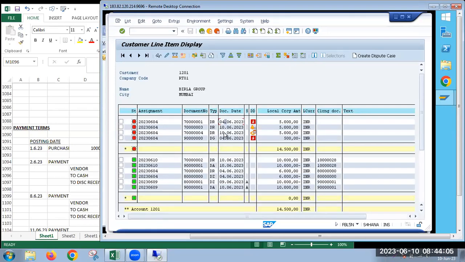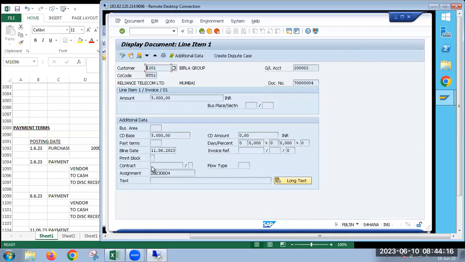Now coming to this one, we made these 2 transactions today, but still this one became not due, because the due date is tomorrow. If the due date is tomorrow, it's not due today.